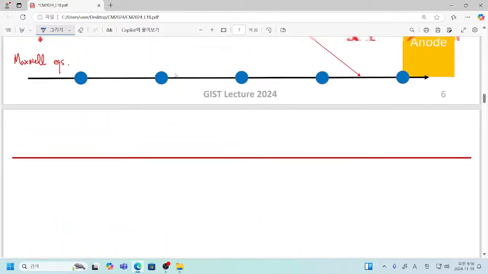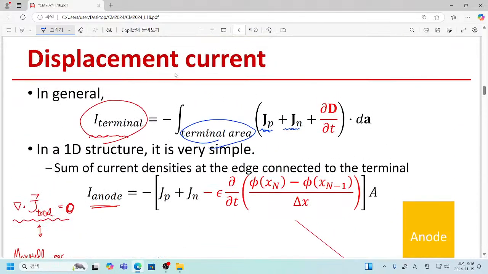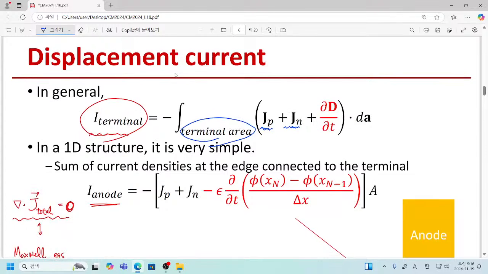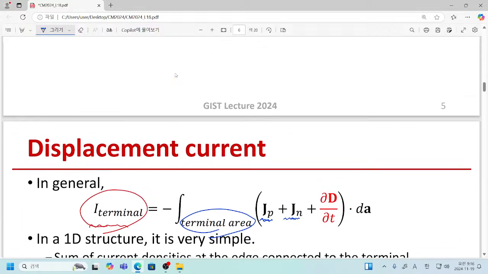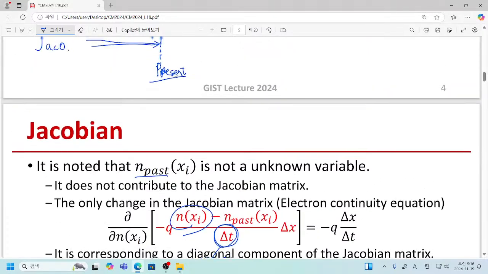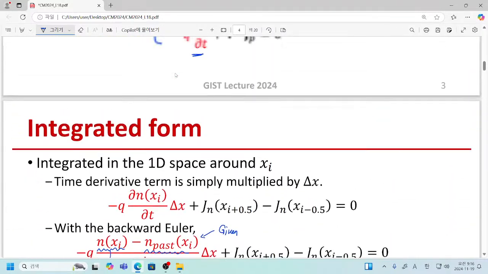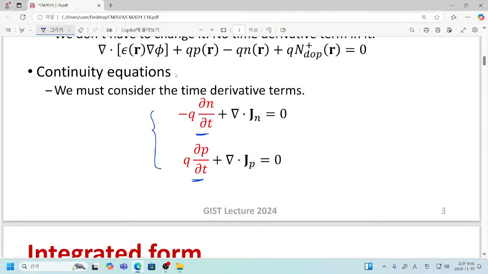So in my opinion, although I have discussed the transient device simulation, transient device simulation itself is not that difficult. You can just consider a new term here, the time derivative terms, adding it with a simple consideration of backward Euler or even higher order approximation.